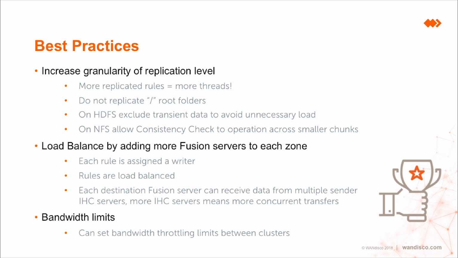One rule of thumb, though, and one best practice that's starting to emerge is to avoid adding more than 3 Fusion servers per zone. Adding more than that will just put more stress on the agreement and consensus algorithm, and it might just add more traffic than is necessary and affect performance. So rule of thumb is limit it to 3 if you can, and that should be performant enough.